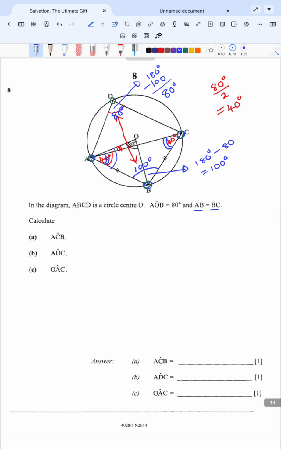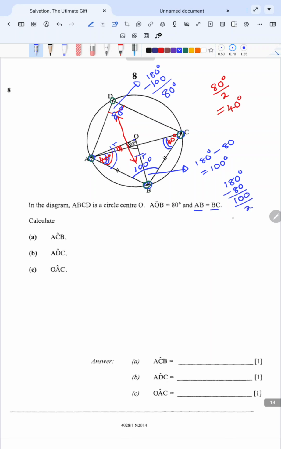You can clearly notice that OAB is also an isosceles triangle, in the fact that from O to A, this is a radius, and from O to B, this is a radius. So it means OA and OB are equal sides, making OAB an isosceles triangle. So I'm going to subtract 80 degrees from 180 first. 180 degrees minus 80 degrees gives you 100 degrees.